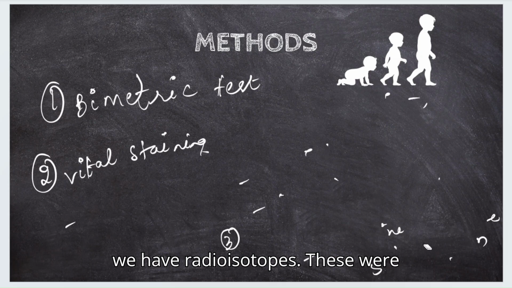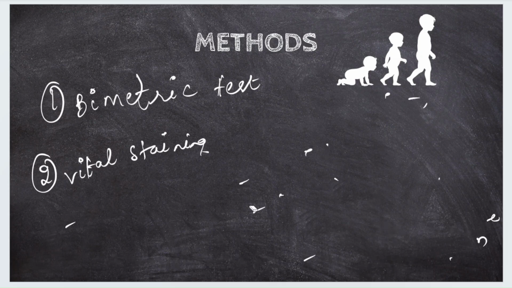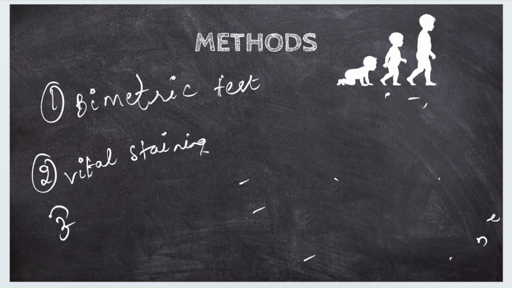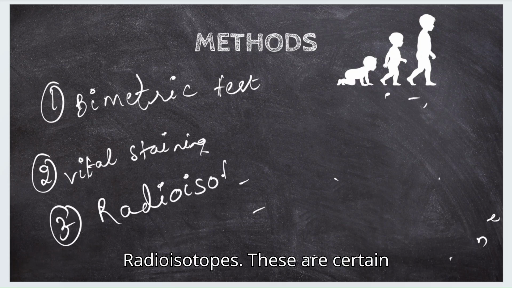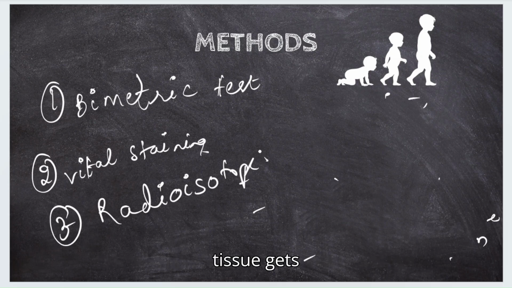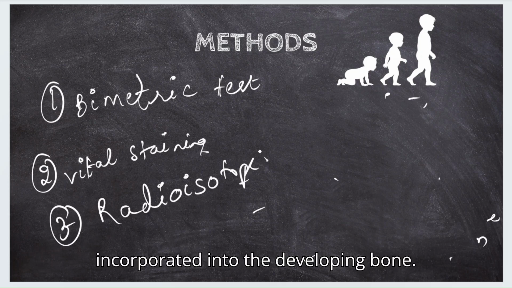Next, we have radioisotopes. These were dyes, okay, we were injecting them. Radioisotopes are certain elements which, when injected into the tissue, get incorporated into the developing bone.